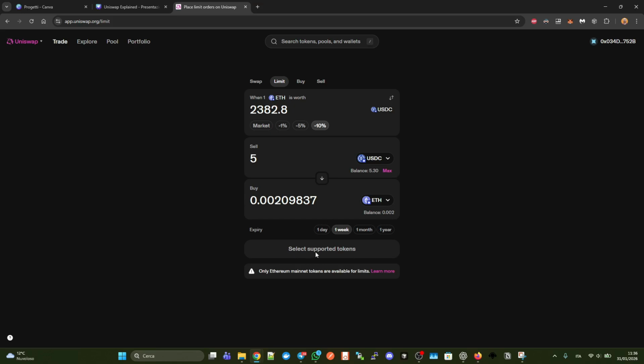We can't do this now because it is only supported on mainnet, but this is an example of buying with a limit order. So I say I want to buy, for example, when the price is 10% less. Okay, instead, in the previous case we bought at the market price.